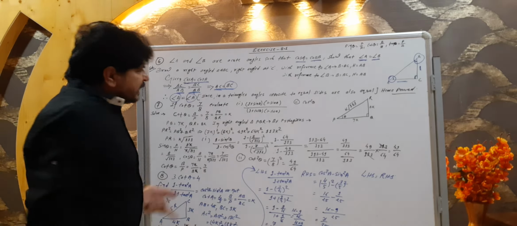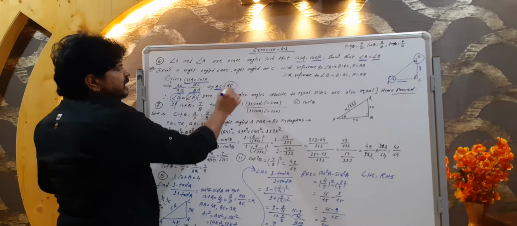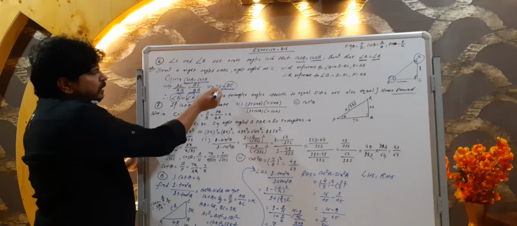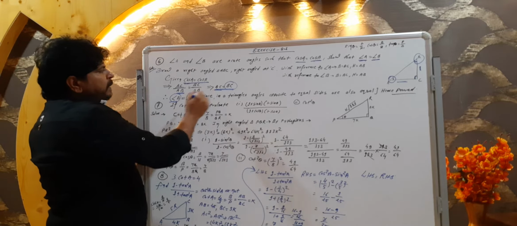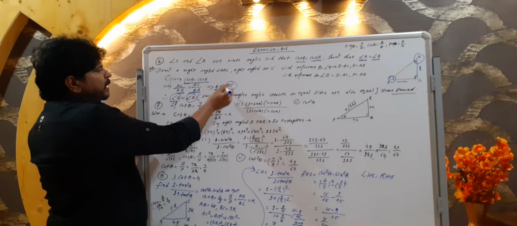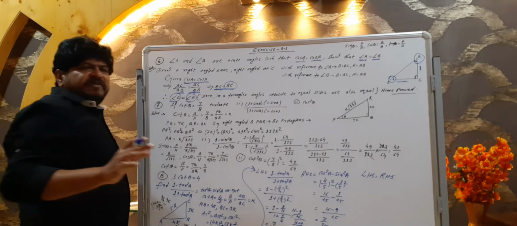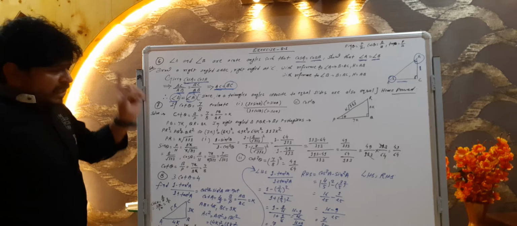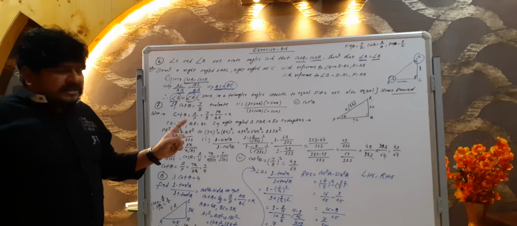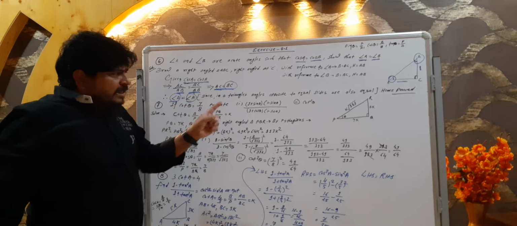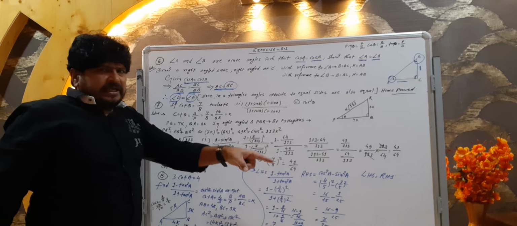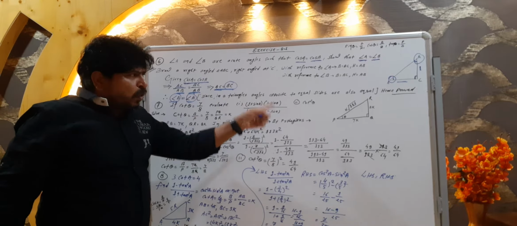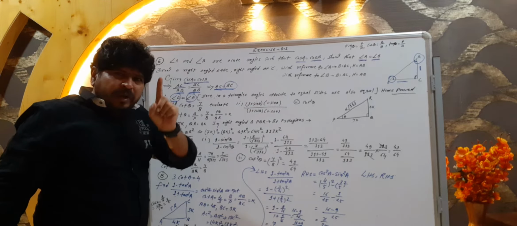Now the question is: sir, here it is written AC is equal to BC, that is okay, but why are we writing angle B in place of AC and angle A in place of BC? The reason is very simple. For a triangle, there is one property to always remember: angles opposite to equal sides are also equal.